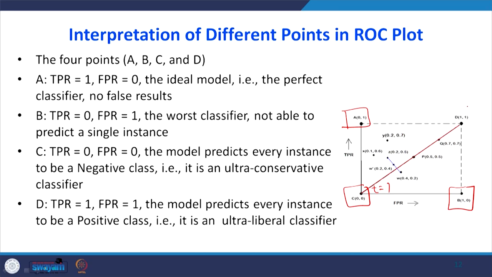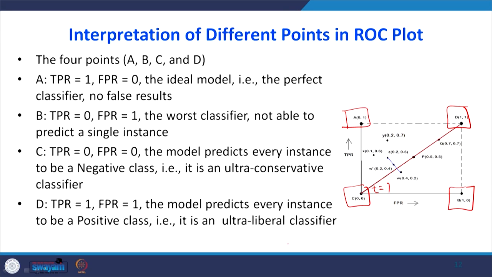The D, this point is true positive rate also 1, false positive rate also 1. The model predicts every instance to be positive class. When you take the threshold value at the extreme left hand side, whoever comes to the pathology laboratory will be told that they have the disease. It is an ultra liberal classifier.